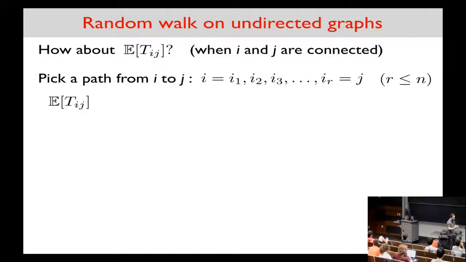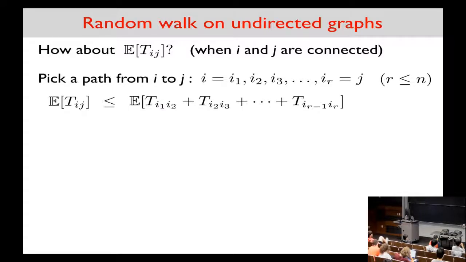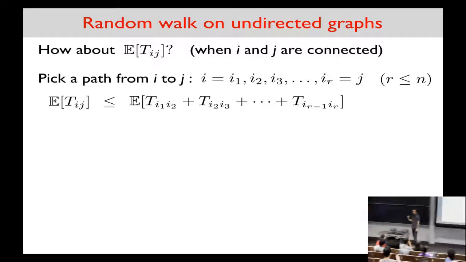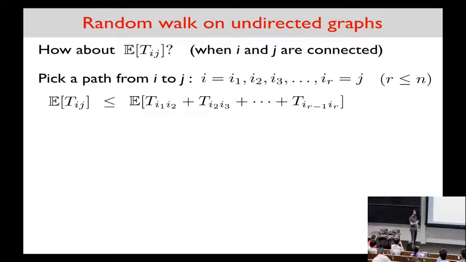The time it takes to go from i to j is definitely upper bounded by the time it takes to go from i1 to i2, then i2 to i3, then i3 to i4, and so on. It's an upper bound because the walk doesn't have to take that route, but if I force it to go through that path, it's definitely an upper bound on the time.